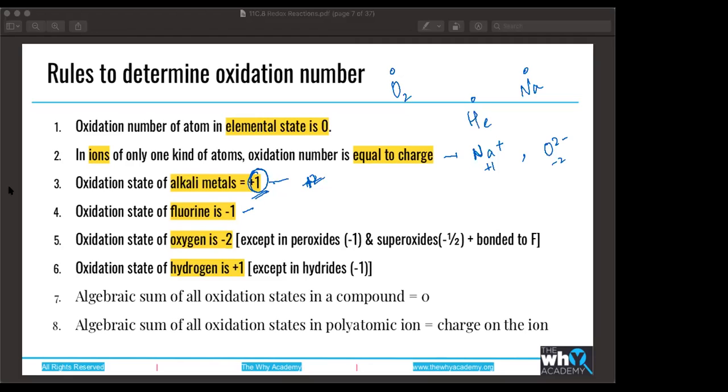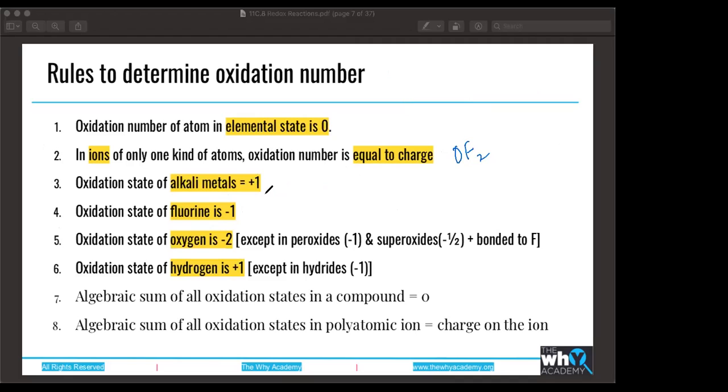Okay, so this is like a decreasing order of priority in terms of the rules of assigning oxidation states. So if you have a compound like OF2, oxidation state in the elemental state does not apply here. Always, if there are alkali metals, assign them +1 first. Alkali metals are not there.